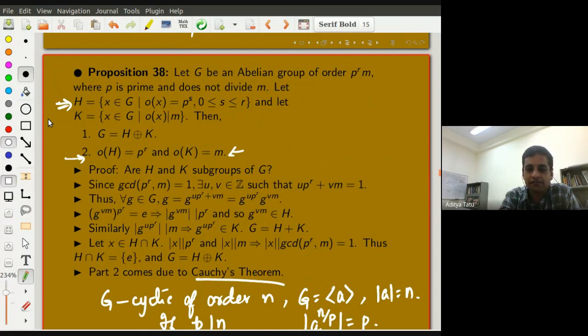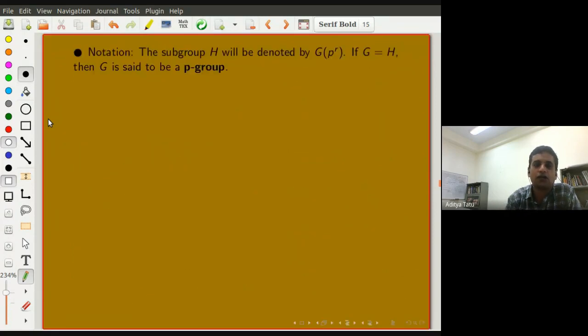Whenever this happens, we will call that subgroup a p-group, where p stands for this particular prime number. If G is equal to H, then we'll say that G is a p-group. So if, let's say, G has 2 to the power 3 elements, then G will be called a 2-group.